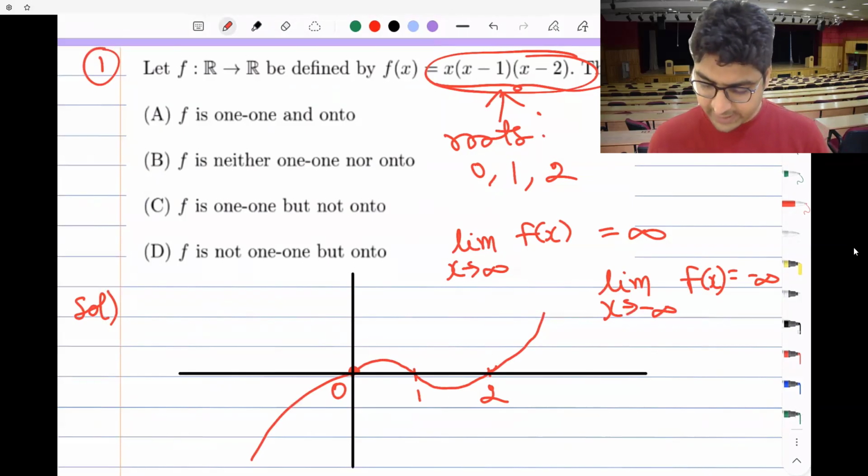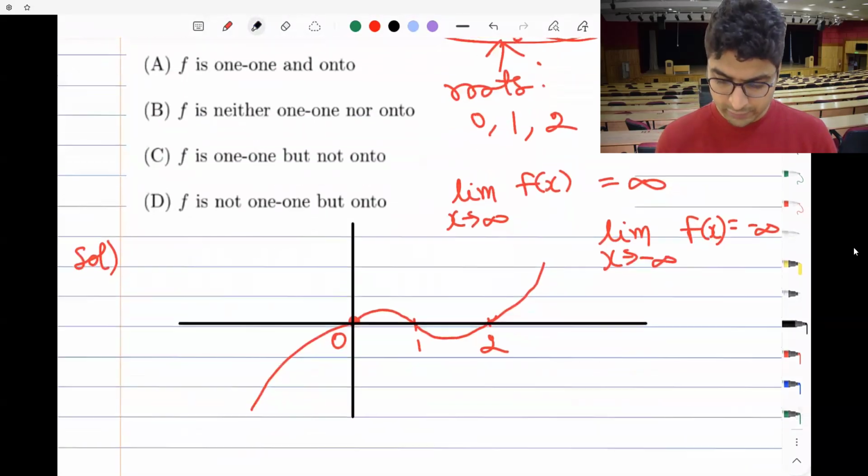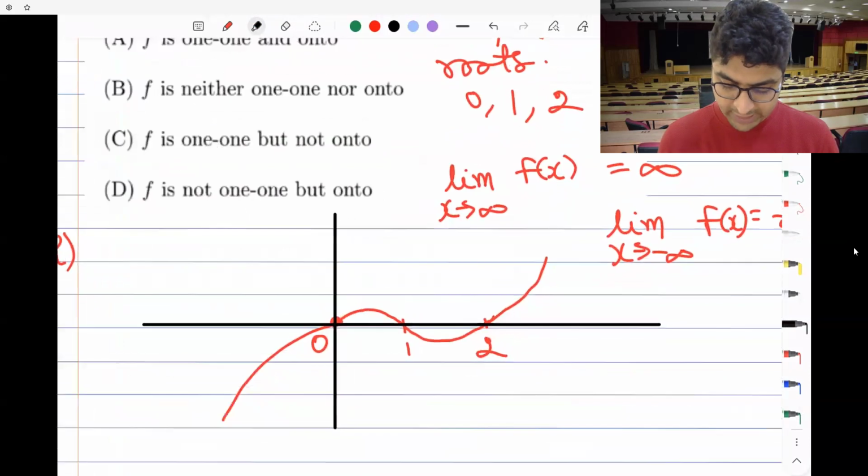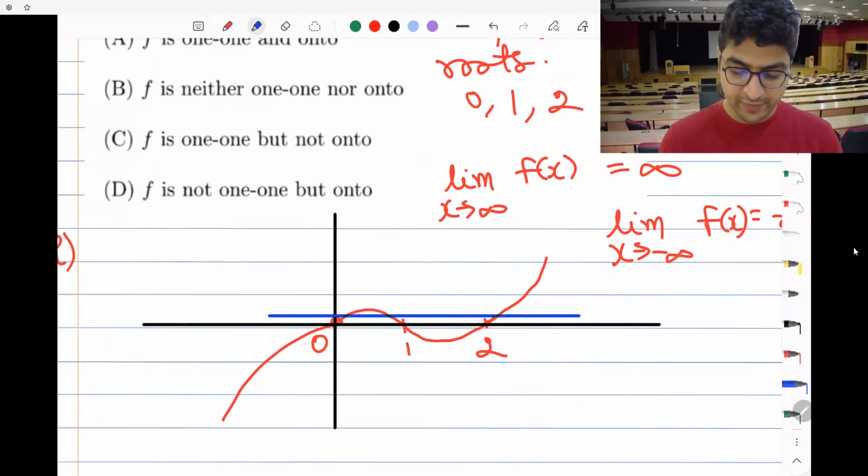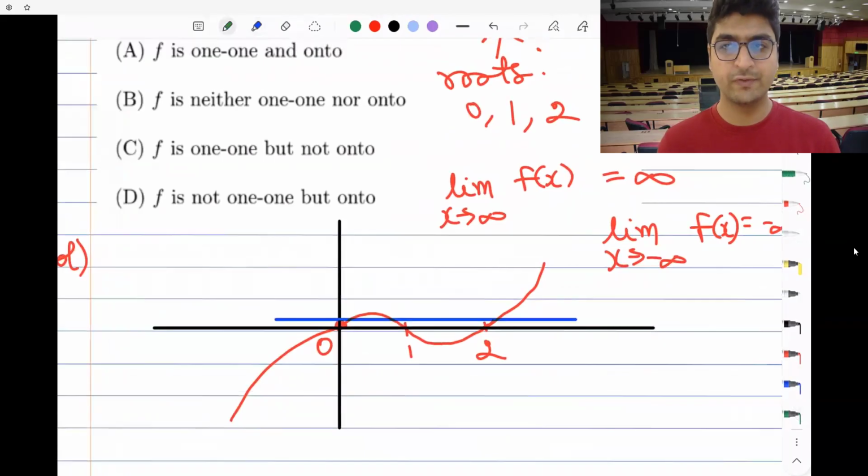So if that's the case, now we can easily check whether it is 1-1 or onto. So we can do a horizontal line test. So 1-1 होता है कि for each y you need to have at most 1 x, but turns out यहाँ पर it has 1, 2, 3.